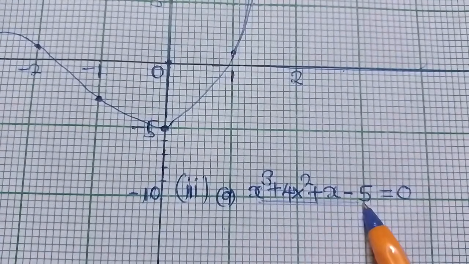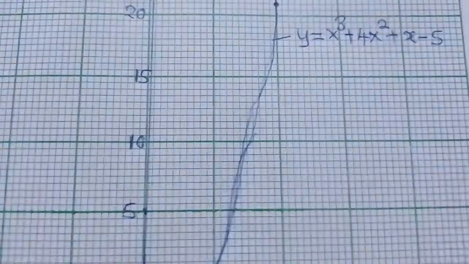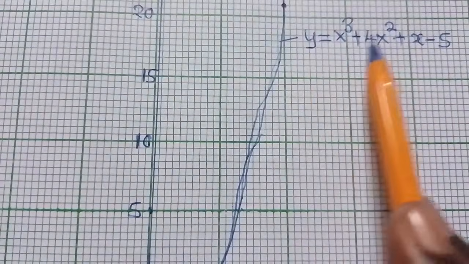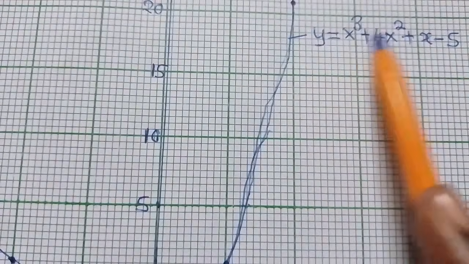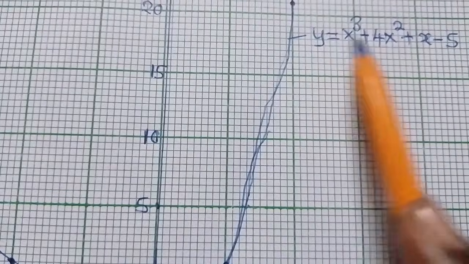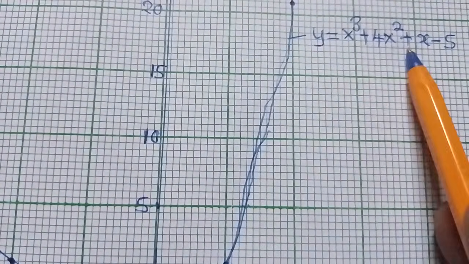Are they the same? Yes. So if they are the same, here you are the one who has written that y is equal to that. So y and this expression here, they are just the same. So how do you solve this now?